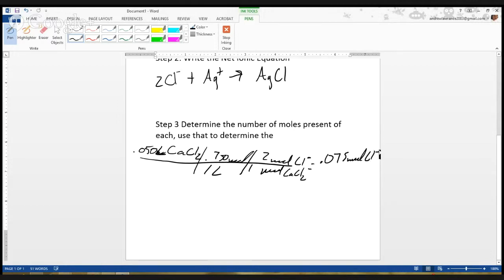Now, from this, I need to go to the next step and figure out how many moles of my silver ions I will get out of this. So, back to the same. I have 0.150 liters of AgNO3.